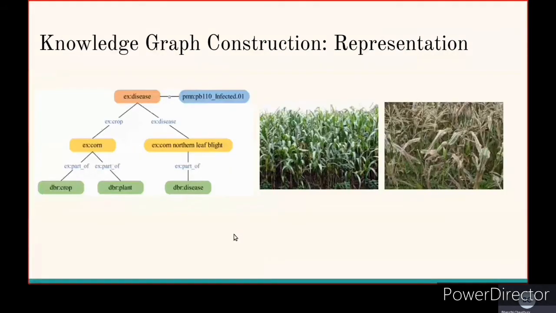Let us see the RDF graph model for infectious crop diseases of the corn crop. Here we are looking at the crop corn.